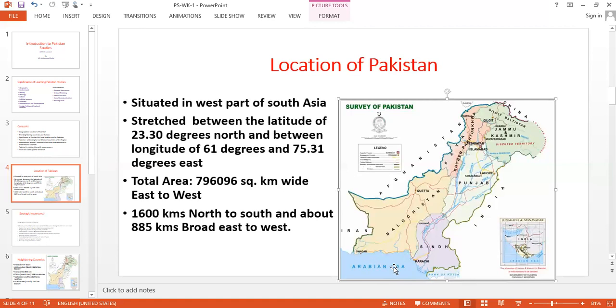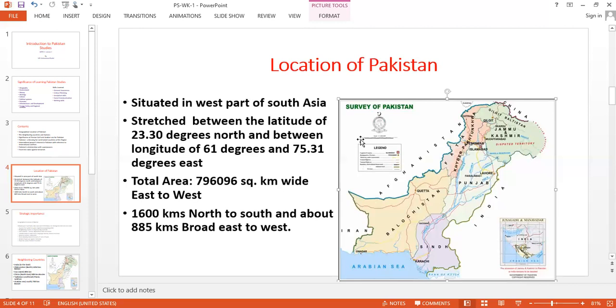So the trade of most of the Gulf countries and Iran has to pass through the Arabian Sea. They are warm waters, whereas the rest of the countries, except Iran, like Afghanistan, Tajikistan, Turkmenistan and all others, are called landlocked countries. They don't have access to the active sea.